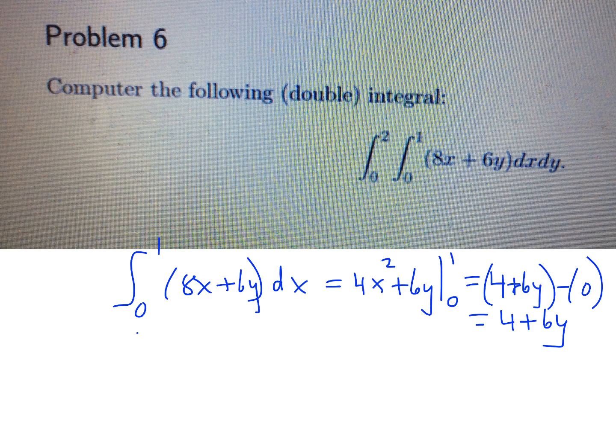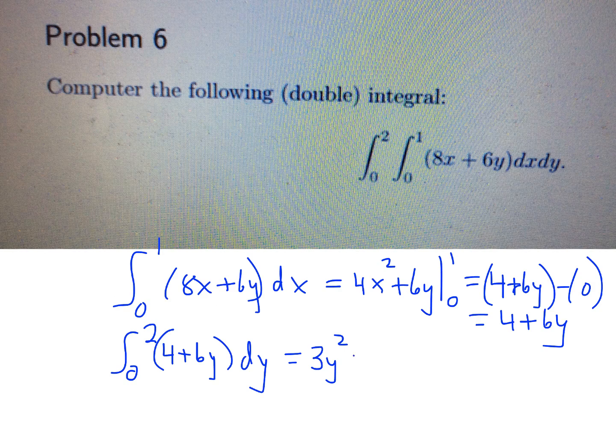Now we are going to take the integral over 0 to 2 of 4 plus 6y dy, this time with respect to y. That's going to give us 3y squared plus 4y, or the other way around really, 4y plus 3y squared in terms of the order of those terms.